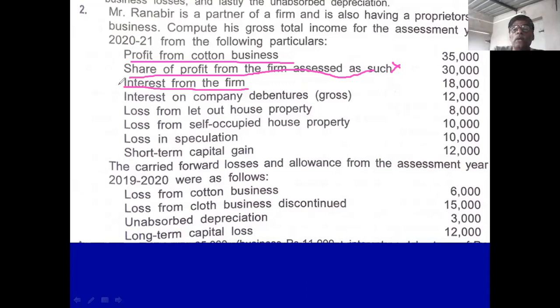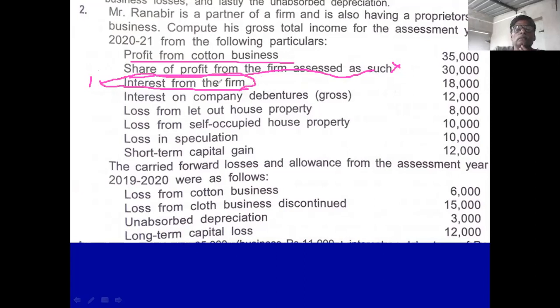Whatever income a partner receives from the partnership firm, that is a business income. This is the point you remember. Sometime that may be exempted or sometime it is taxable. Therefore, this is the income from business. Remember this point, it is very important. I have not yet explained this point because it is the next chapter.